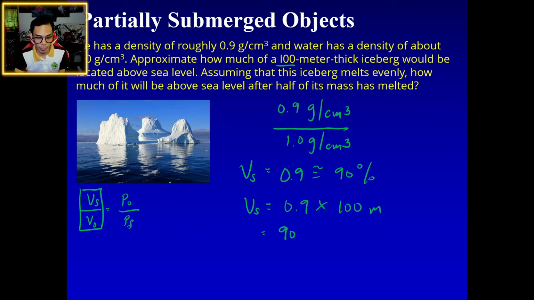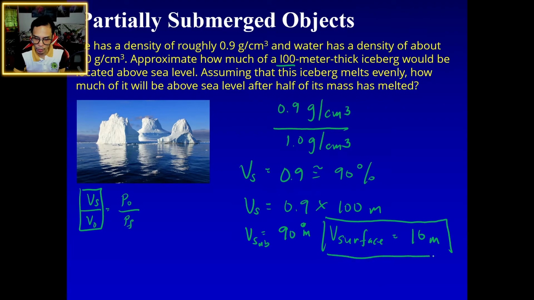That is submerged. 90% or 90 meters of the iceberg is submerged. So it means that the one that is on the surface is 10 meters.